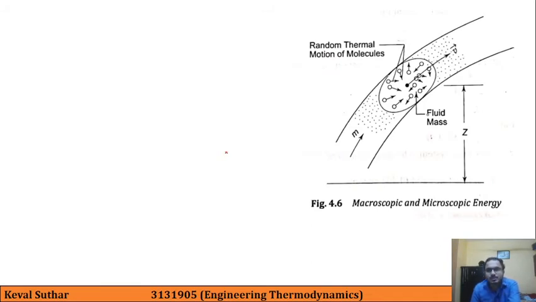So first we will discuss the macroscopic mode of internal energy. Here focus on this figure. Let us say that this is a flow of some fluid in which we are focusing on this much of fluid mass. In this fluid mass there is some random thermal motion of molecules and the quantity of this fluid mass is denoted as m and the average velocity of this fluid mass is v bar, and this fluid mass is at a height of z from an arbitrary datum.